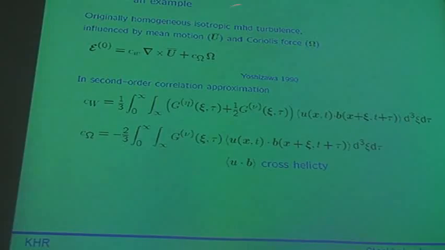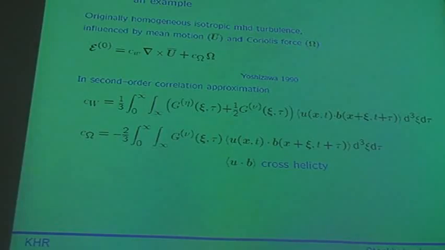Consider an originally homogeneous isotropic MHD turbulence, but influenced, that's why I say originally, now by a mean motion, u bar, and by a Coriolis force.